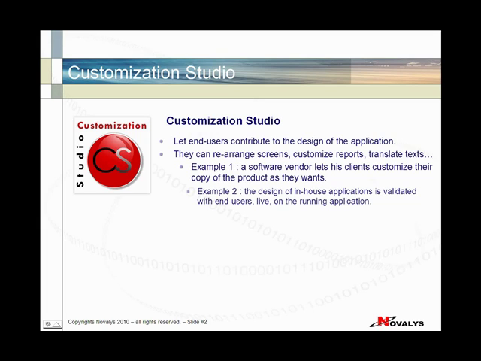Second example, a classic in-house application. During the development cycle there's always a phase where you need to validate the UI of the application with someone who represents the end users.